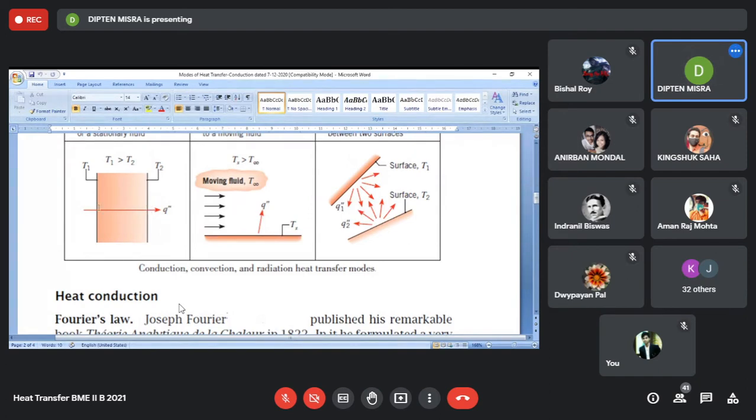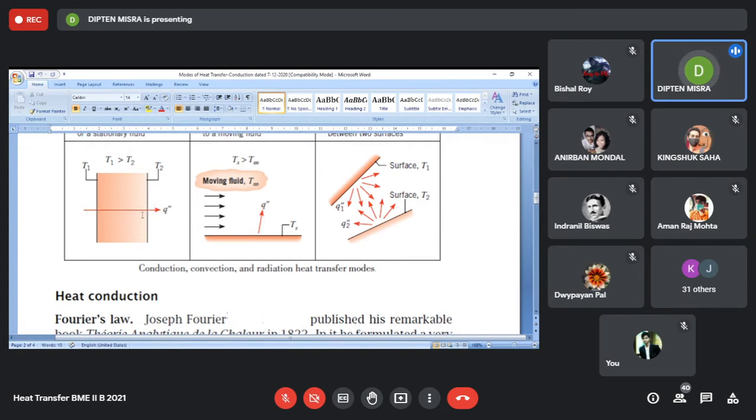And we can make this assumption when the thickness along that direction is very small compared to the length dimensions in the two other directions. That is, this wall has an area constituted by some height and some depth. Now, if the height and the depth of the wall are much larger than the thickness of the wall, then the major amount of temperature gradient will be along the thickness direction.